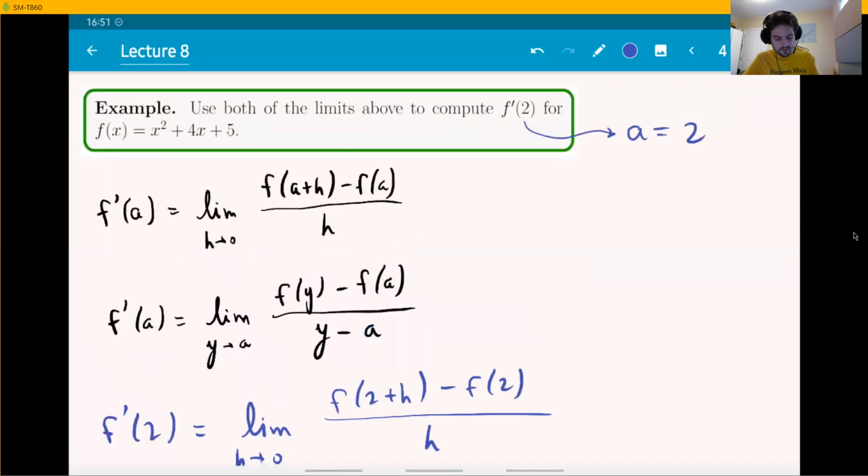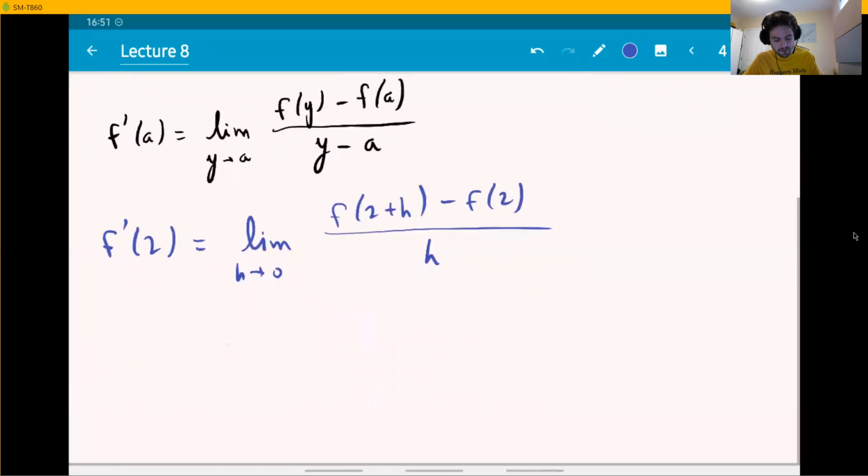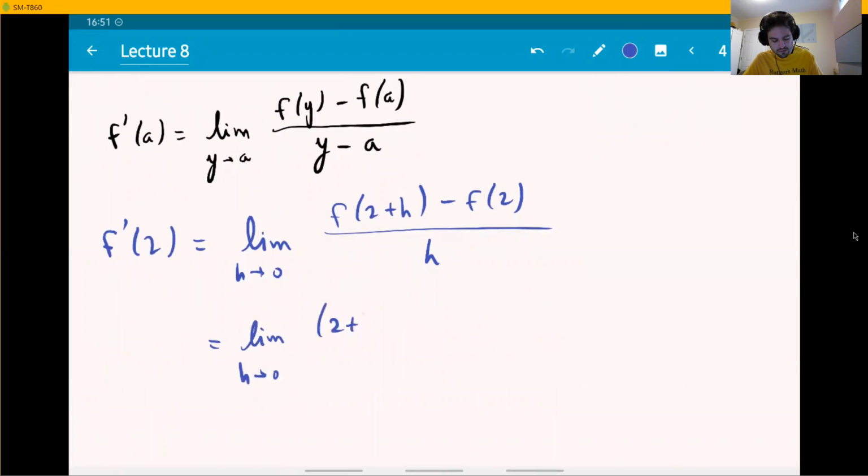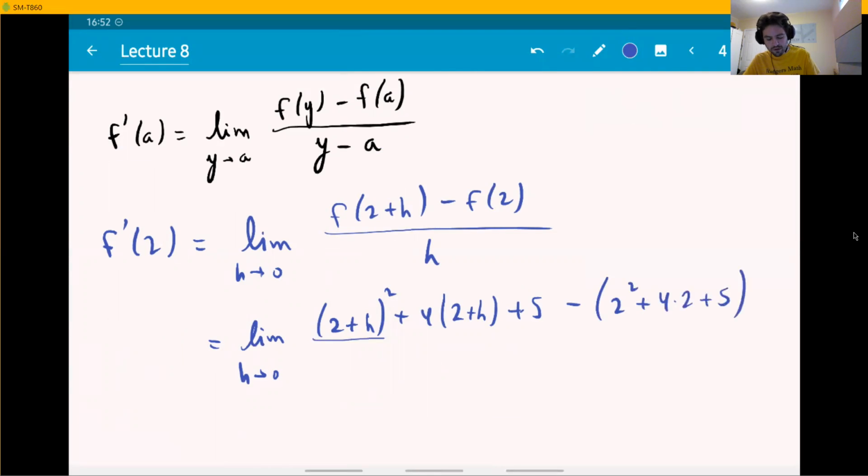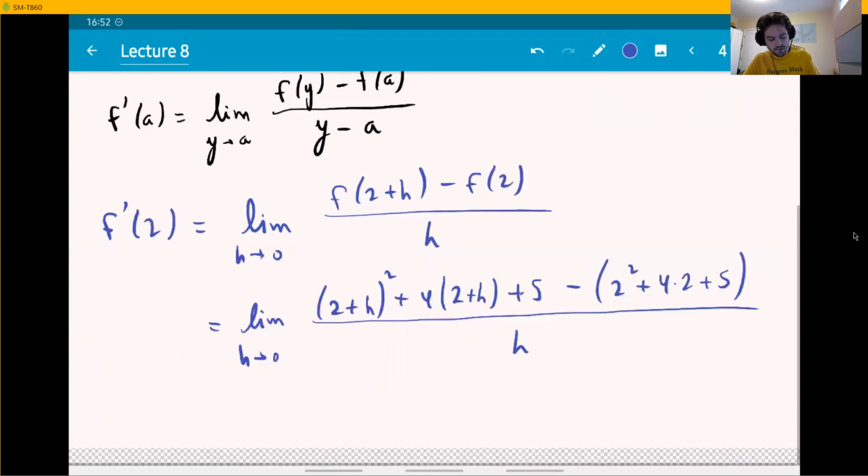Well, f is x squared plus 4x plus 5. So if you're evaluating it at the number 2 plus h, this is f of 2 plus h. Now I'm going to subtract f of 2. The whole thing divided by h. What does this become?